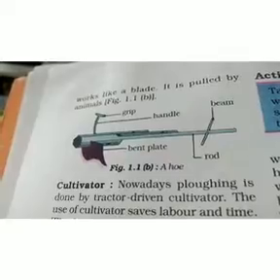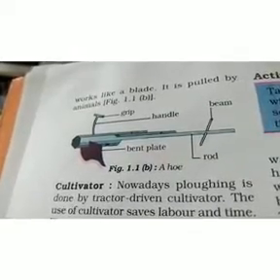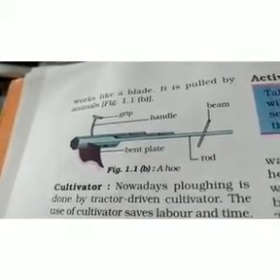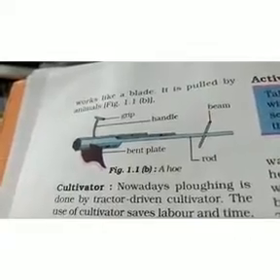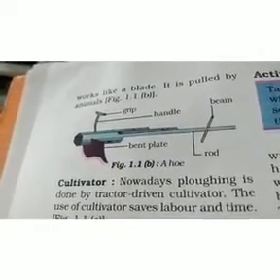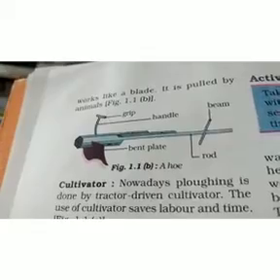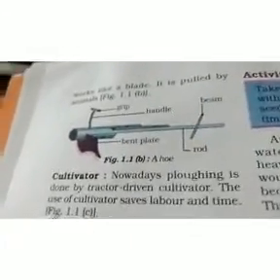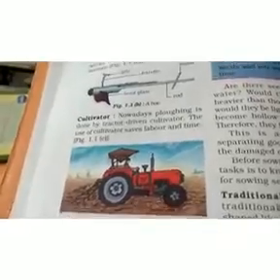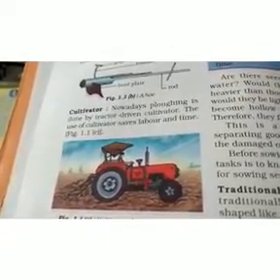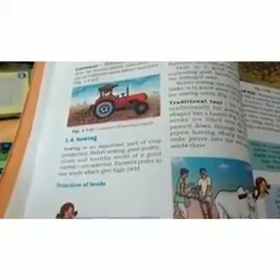We saw the ancient method of doing this work, that is plow, then a hoe which is used for plowing and at the same time sowing the seed, and then nowadays the farmer uses cultivator. Then now we move on to the next part, that is sowing of seeds.